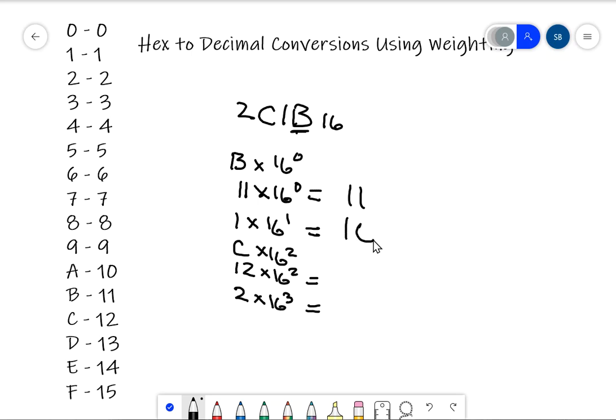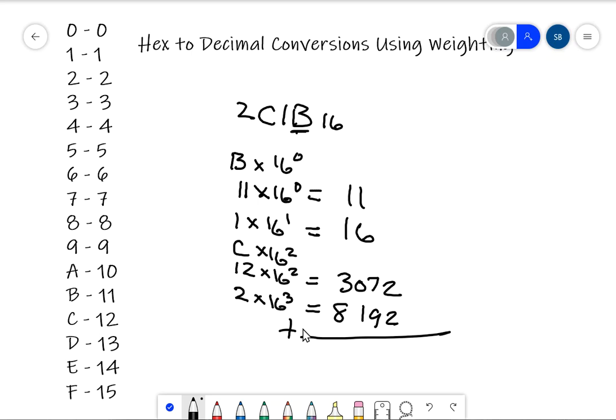So 12 times 16 squared, I can't do that one in my head. It looks like that comes out to 3072 if I hit my calculator correctly. And 2 times 16 to the third, certainly can't do that one in my head either.